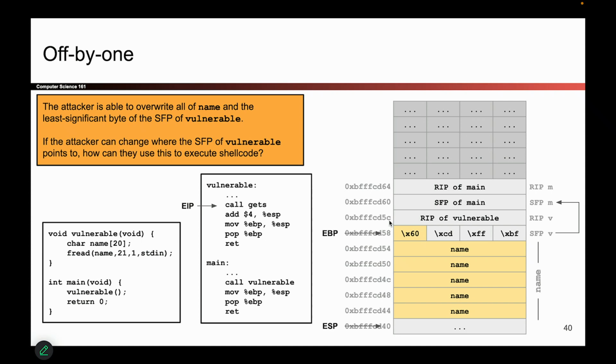So I can't play my usual trick where I take the RIP and change it to point at shellcode. That's no longer going to work because I can't overwrite the RIP. Just by writing down what I can and cannot exploit, I've already ruled out my favorite classic buffer overflow, where I just overwrite the RIP to point at shellcode. It's not going to work in this case because I cannot overwrite that part of memory.